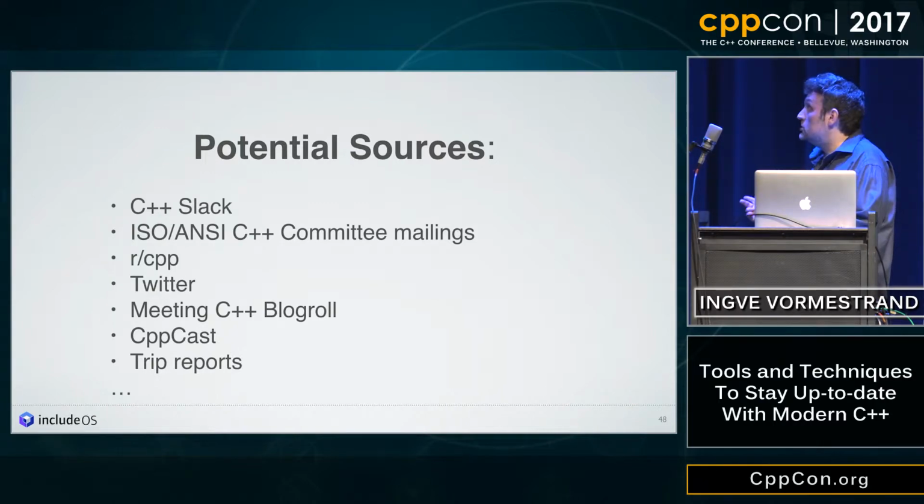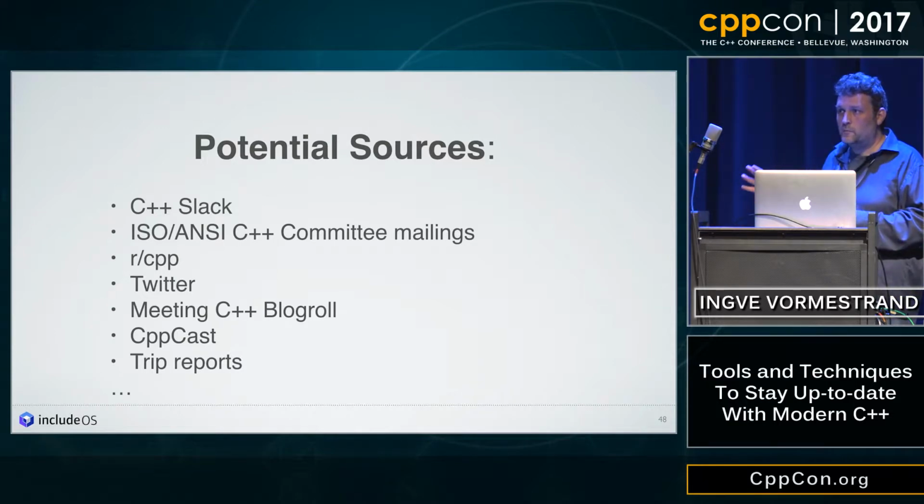Here are some potential sources if you want to know what's going on with modern C++. And we are going to put them into categories good and bad, and that doesn't mean on an absolute scale. That means good or bad for the specific purpose of paying attention to what is going on with modern C++.